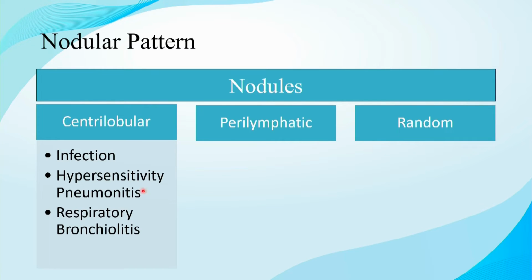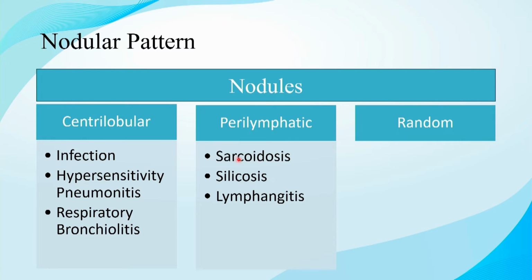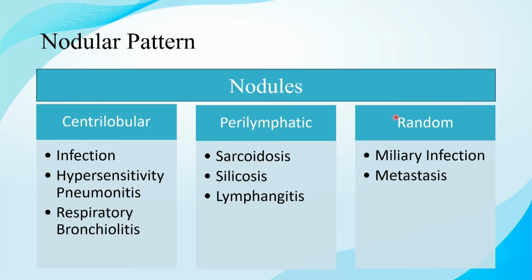So infection, hypersensitivity pneumonitis, and respiratory bronchiolitis are a few of the causes of the centrilobular pattern of nodules. Whereas sarcoidosis, silicosis, and lymphangitic carcinomatosis are the causes of the perilymphatic distribution of nodules. Random nodules are the miliary nodules, which we typically see in miliary infection like miliary TB or fungal infection, and metastases.